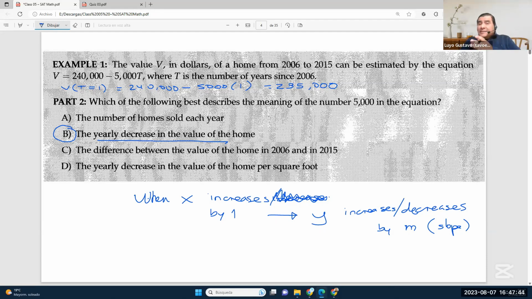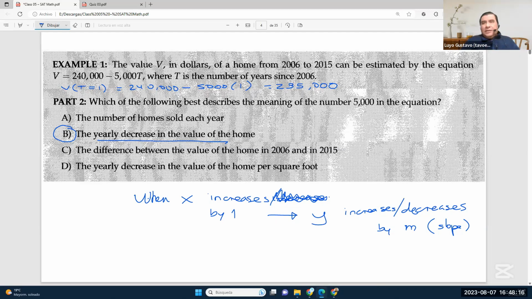When 1 year passes, the variable depending on time will increase by m units. But if m is negative, when 1 year passes, considering x is the time, then our variable depending on time, for example the value of the home, will decrease by m because m is negative. Since here our slope is negative 5,000, it's a yearly decrease.